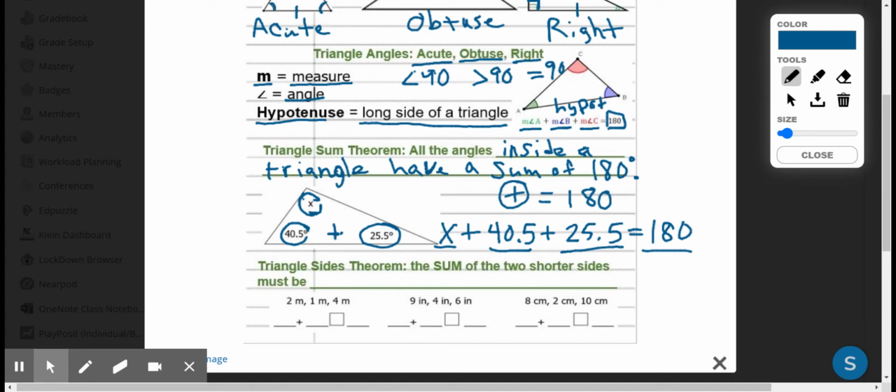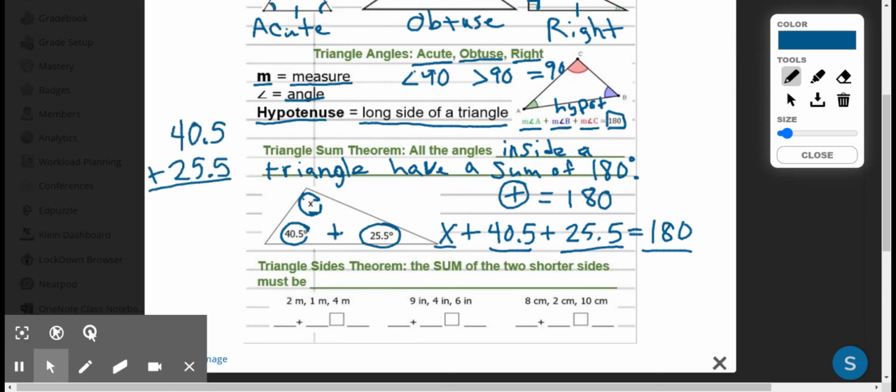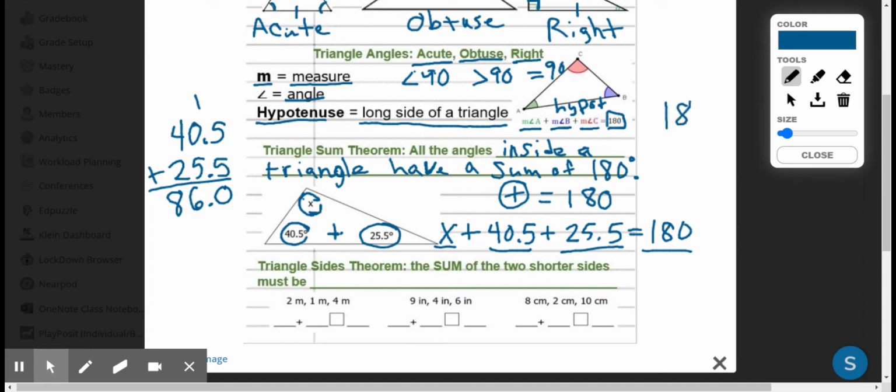So we could use 180 minus 25.5 minus 40.5 to solve for a missing angle. Taking these two angles, 40.5 plus 25.5, it's going to give us 5 and 5 is 10, carry the 1, 6, and 8. So this is 86 degrees. And then we go over here, 180 degrees minus 86 will give us our missing angle.